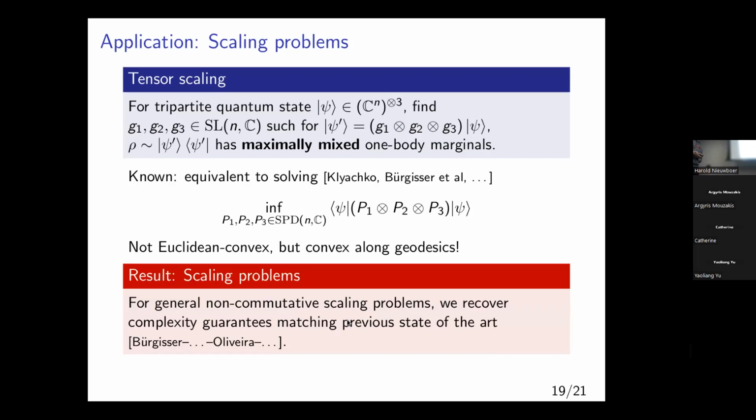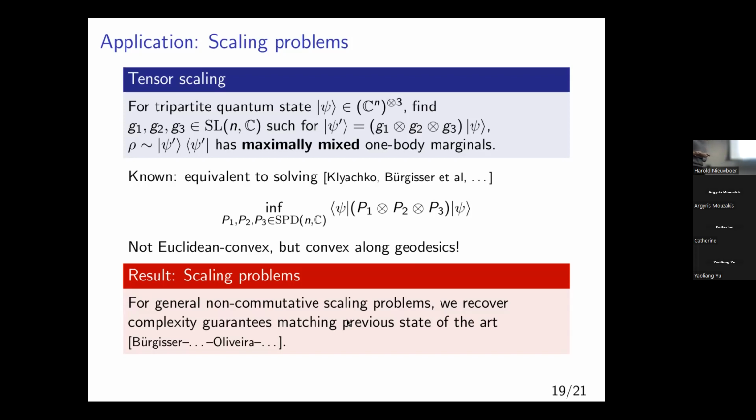The important result here is that whatever methods we had previously for scaling problems, even though they're not efficient, we can recover the previous state of the art, essentially. People have thought about these problems for a long time, and I think we're still pretty far away from polynomial time algorithms, even though we believe that they should exist.